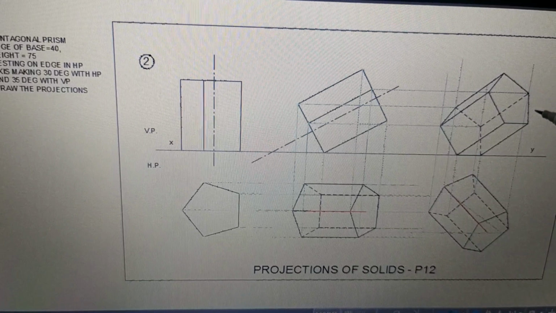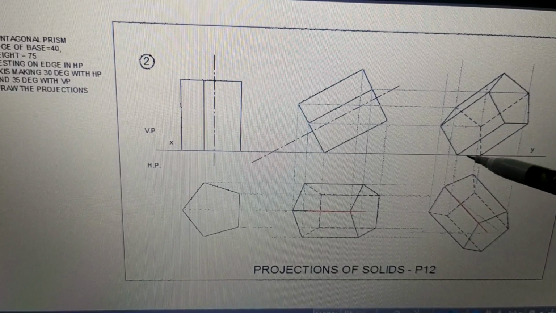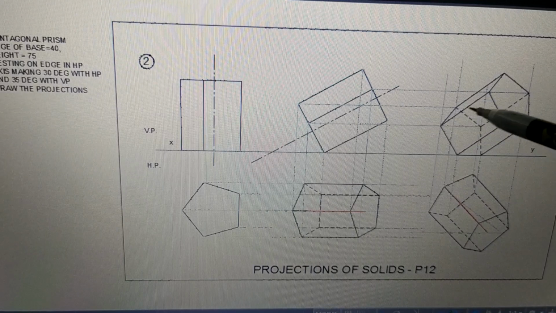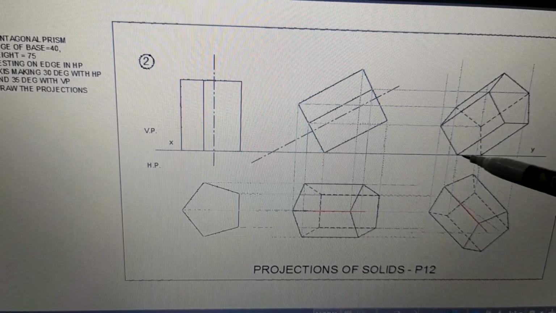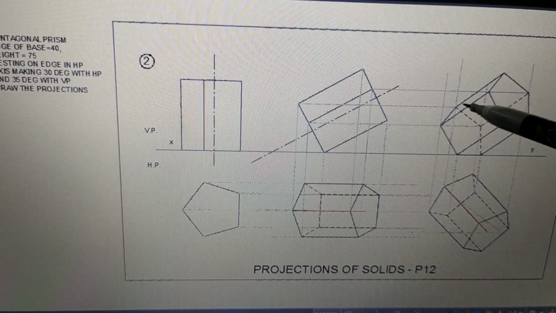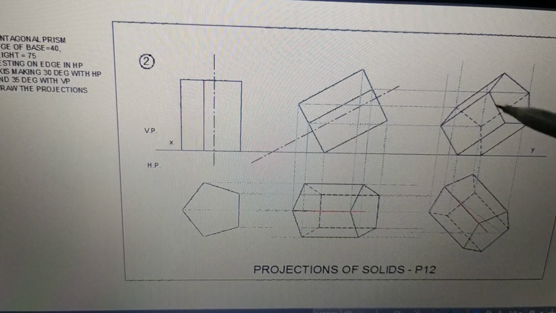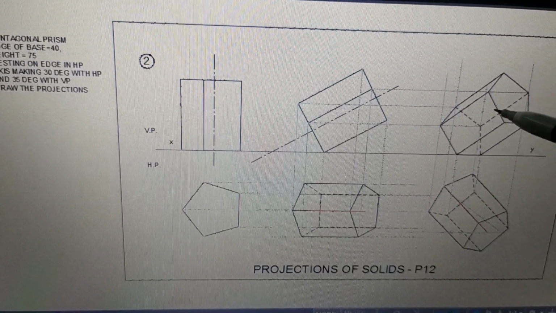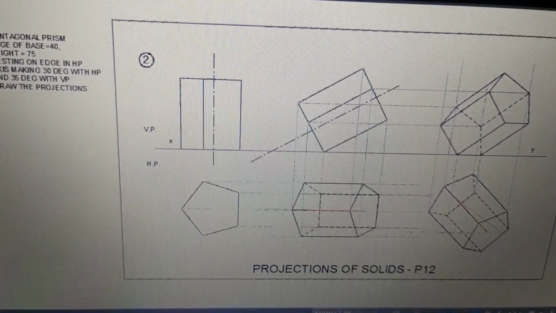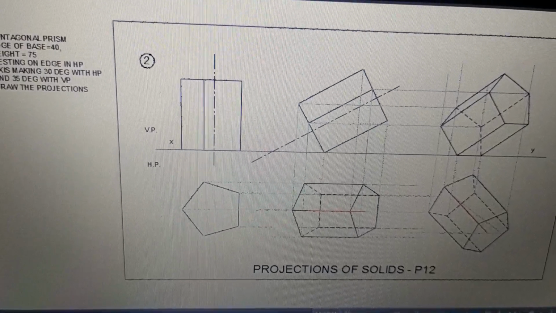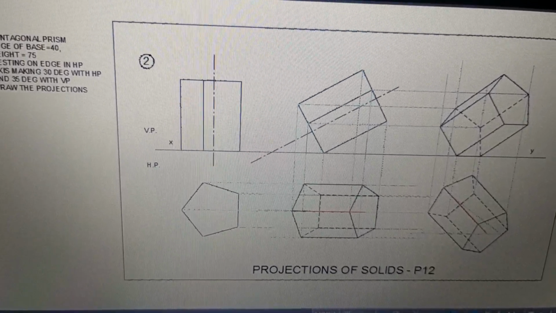So you draw the top pentagon here, the base pentagon here, and then you join the lines: A to 1, B to 2, C to 3, D to 4 and E to 5. So all the 5 plus 5 plus 5, all the 15 lines are drawn. So as such, the pentagonal prism is ready.